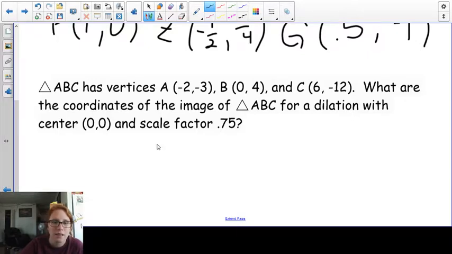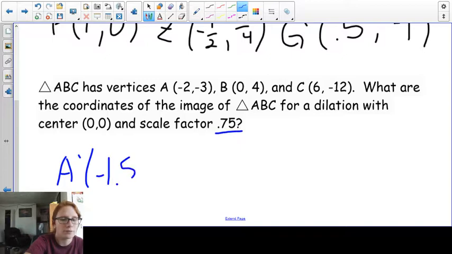Okay, this next one, we're going to have different points, and we're going to dilate it by 0.75, which means we're going to take everything times 0.75. So -2 times 0.75 gives me -1.5. So A prime is at -1.5, comma, -2.25.